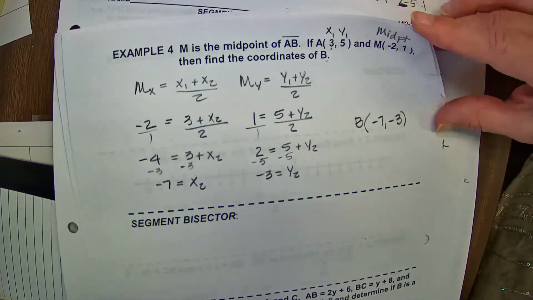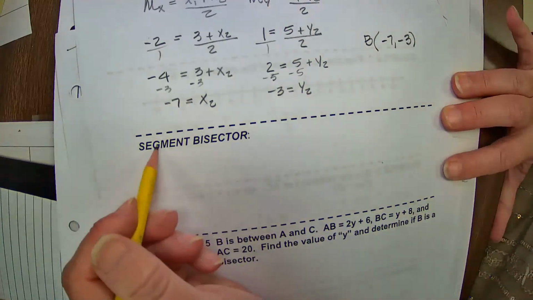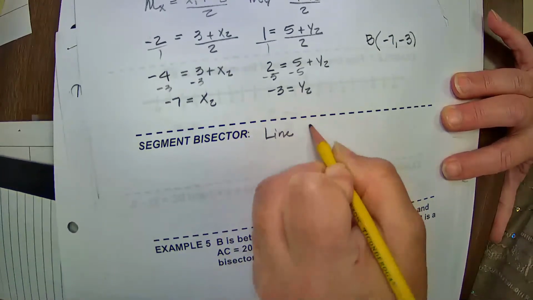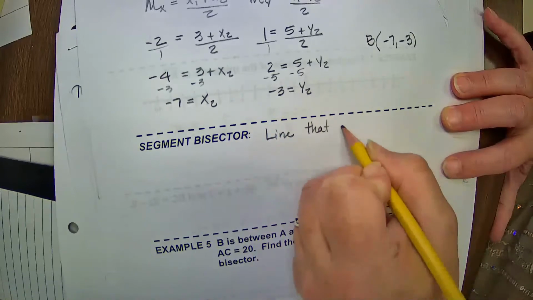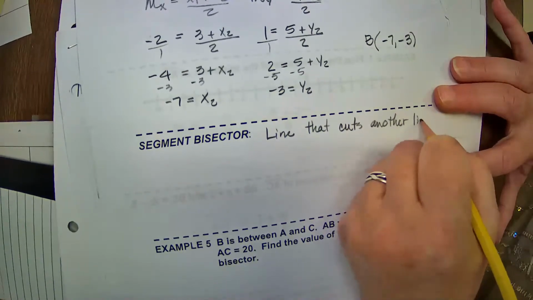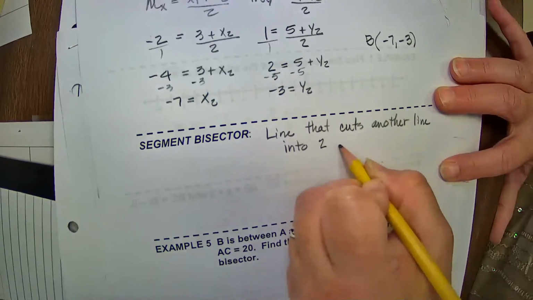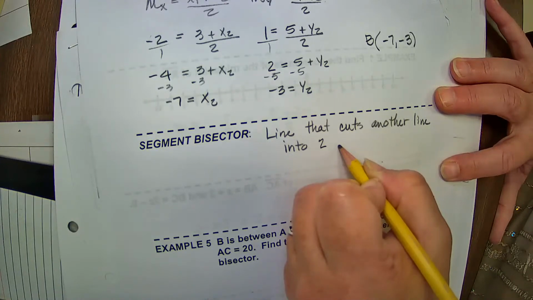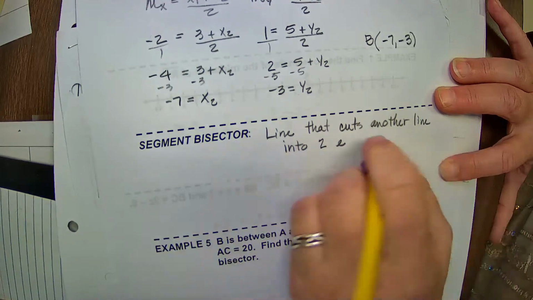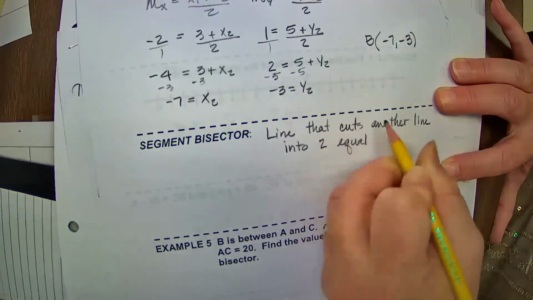Now, so we're starting the new stuff, segment bisector. Okay, segment bisector is a line that cuts another line into two equal pieces.